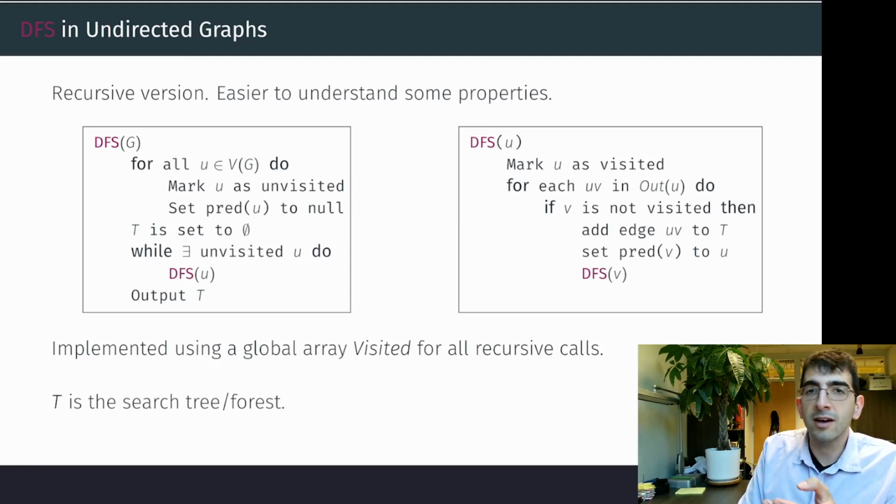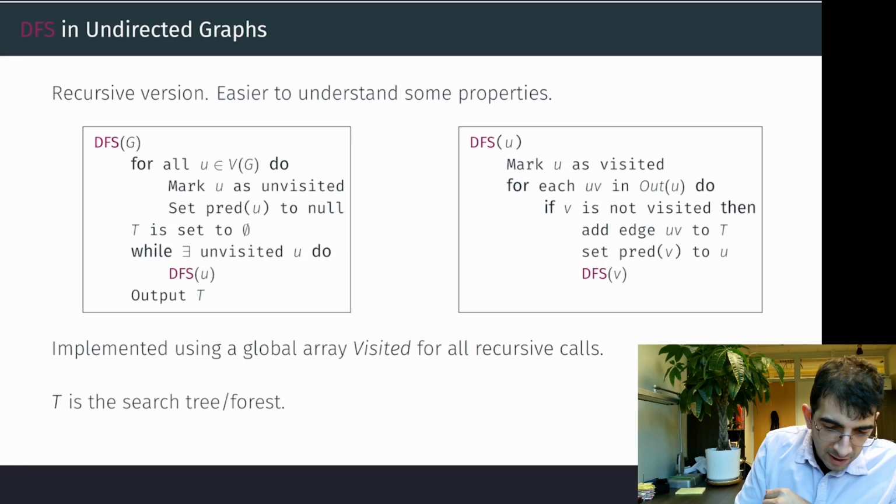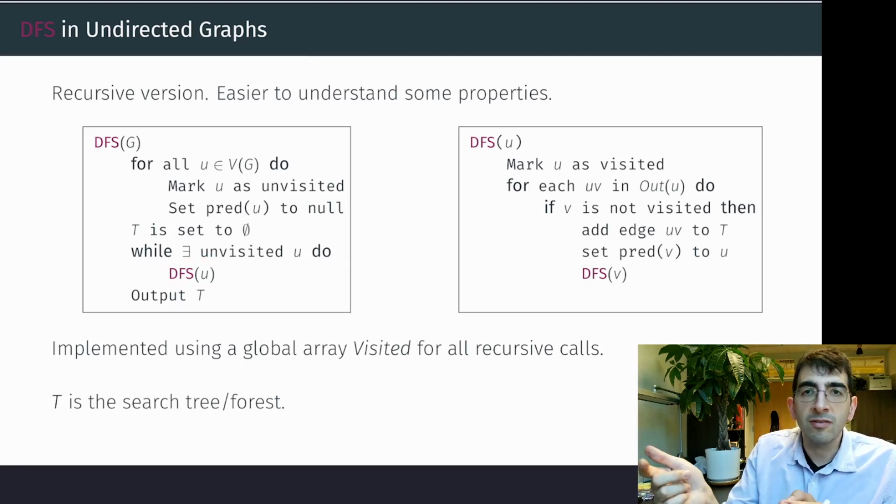Remember the data structure you had named to explore, that simply stored the vertices that you needed to explore. In this case, depth first search simply recurses on itself, by calling depth first search on the adjacent vertices.